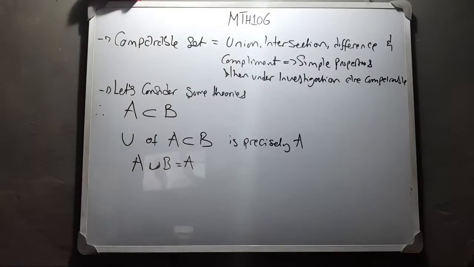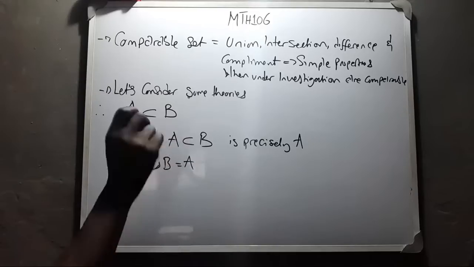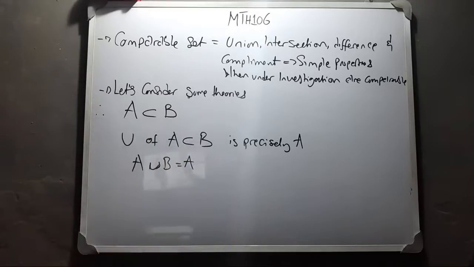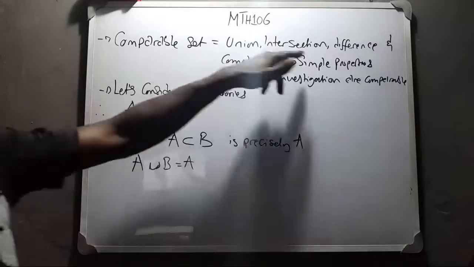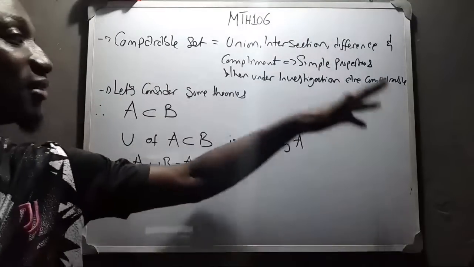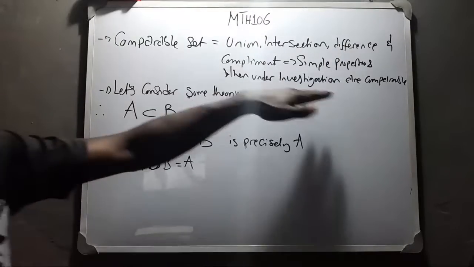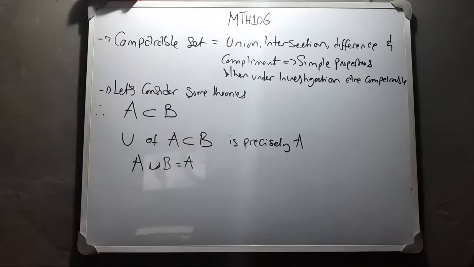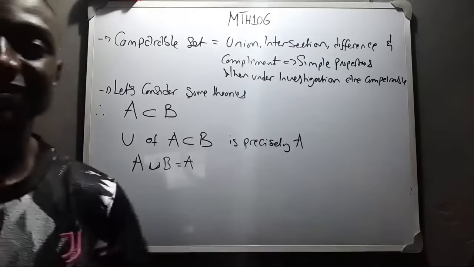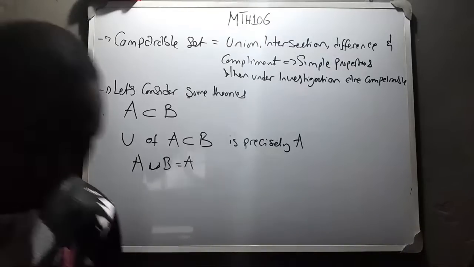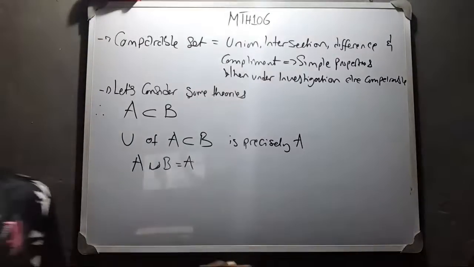When you say intersection of A and B, it is just the elements found in B that are also in A. That's why the intersection, difference, union, or complement of sets under investigation is of simple properties when they are comparable. This is just a very quick detour.